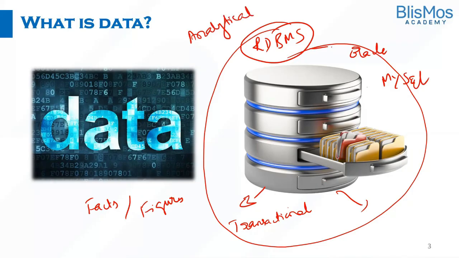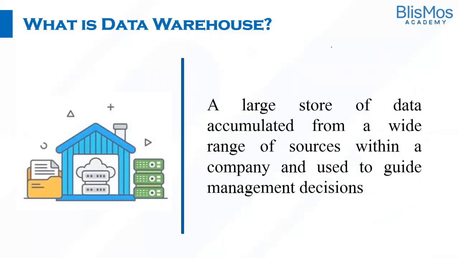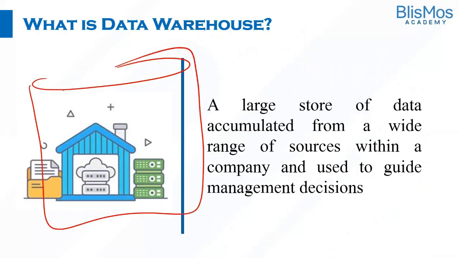So what is data warehouse? At a high level, data warehouse is a large store of the data. You'll have a large store of the data. That data is accumulated from wide range of sources, and those sources are within the company. Sometimes we may get the data from outside as well.